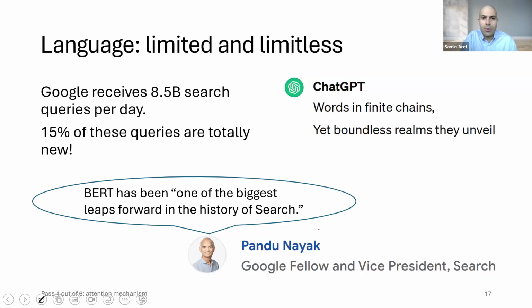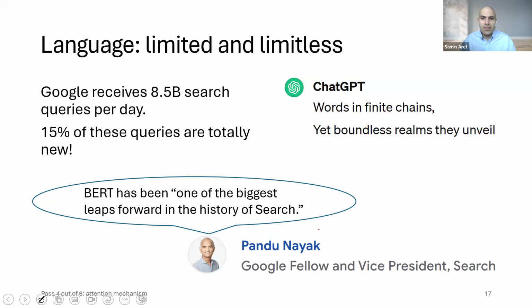According to an article he wrote at the time of development of BERT in 2018, he said BERT has been one of the biggest leaps forward in the history of search. So hopefully this allows us to understand the significance of the BERT language model.